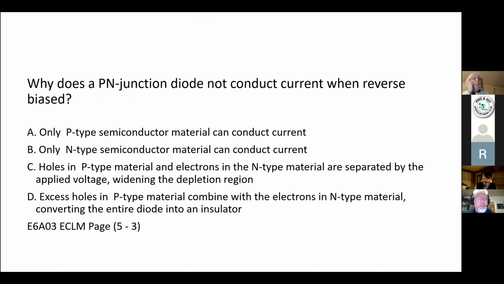C, holes in the P-type material and electrons in the N-type material are separated by the applied voltage, widening the depletion region. Or D, excess holes in the P-type material combine with electrons in N-type material, converting the entire diode into an insulator. C, Charlie. Charlie is correct.